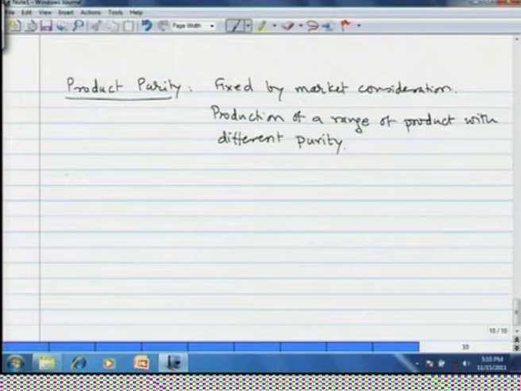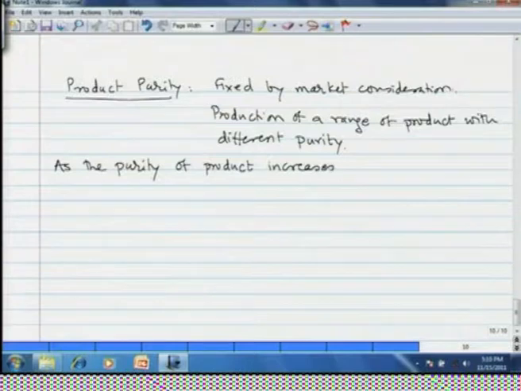Now, typically, as the purity of the product increases, the operating cost increases, and so does the cost of production.